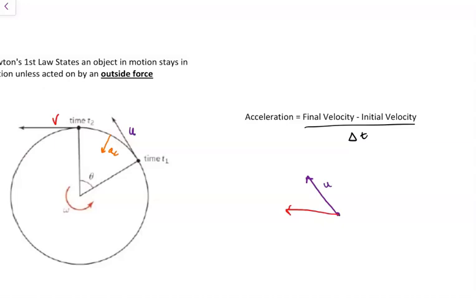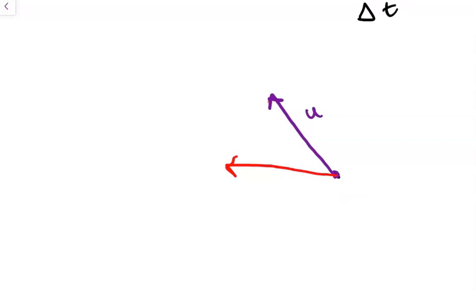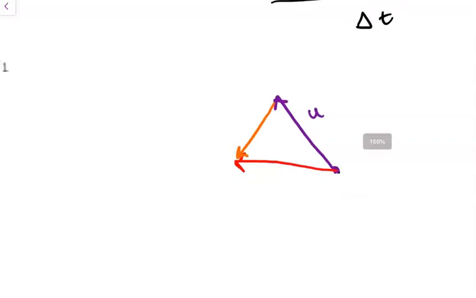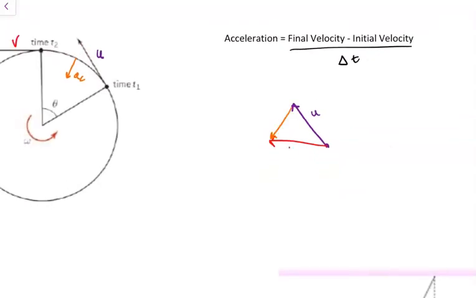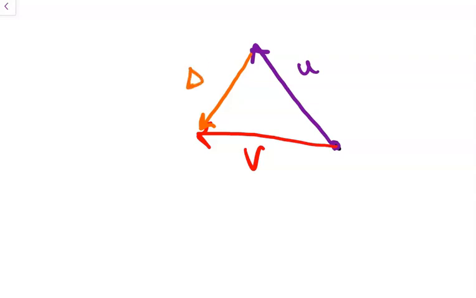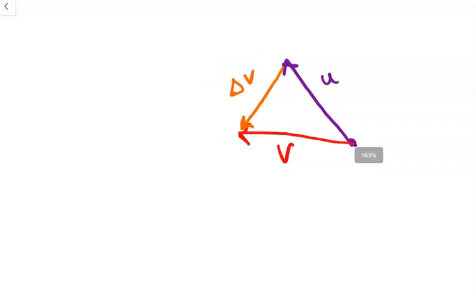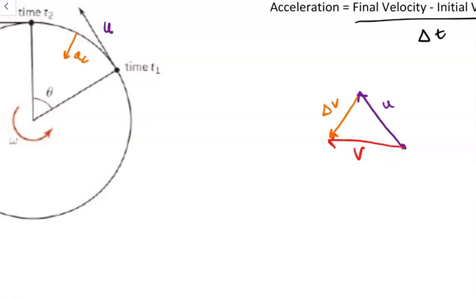And notice that the difference between u and v is a vector which represents the change in the velocity. This represents the average change in the velocity between time 1 and time 2 as it goes from initial velocity u to final velocity v.